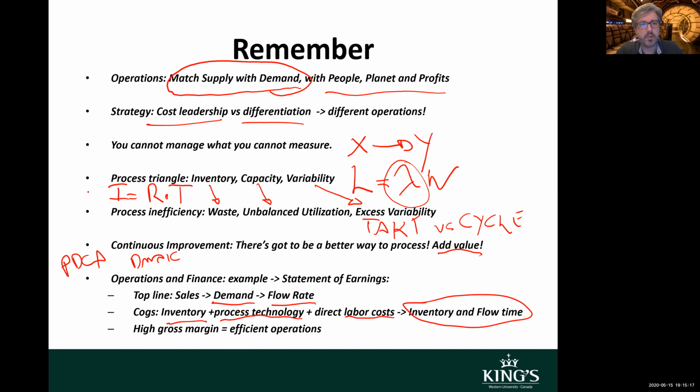We're basically talking about Little's law in the form of finance. So the better off you are by reducing your flow time or by improving your cycle time, you have less inventory to worry about, right? And therefore you have a higher gross margin.